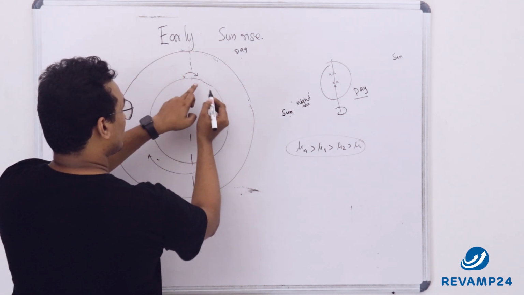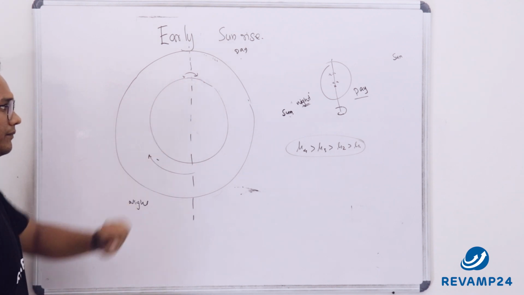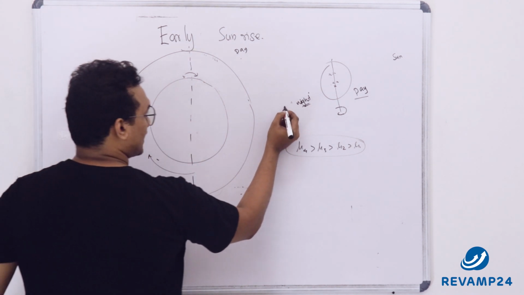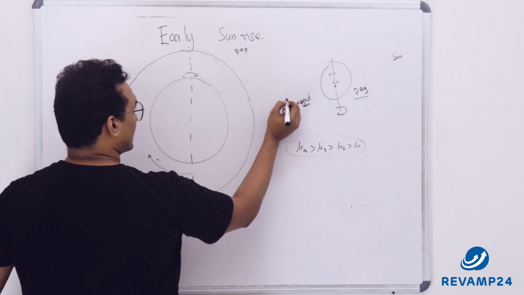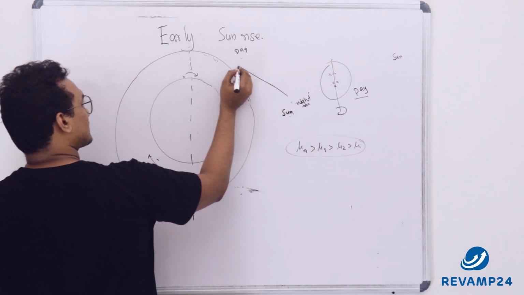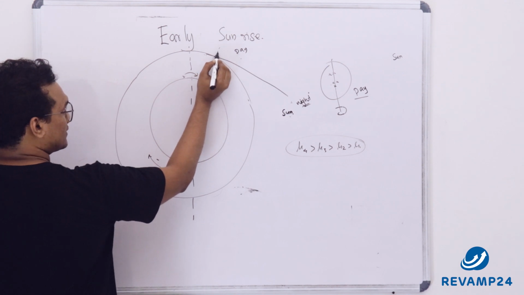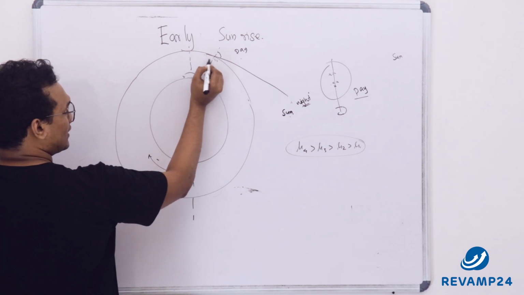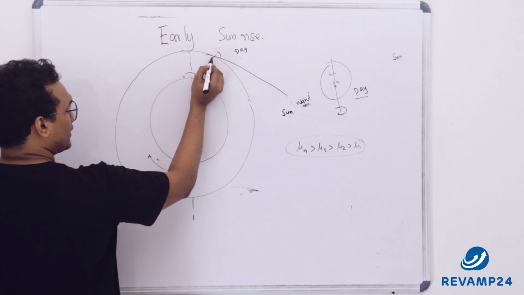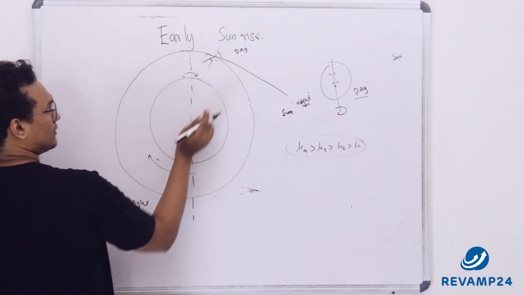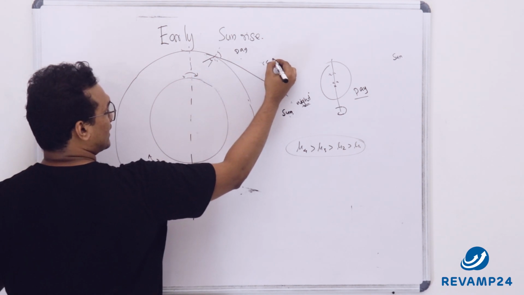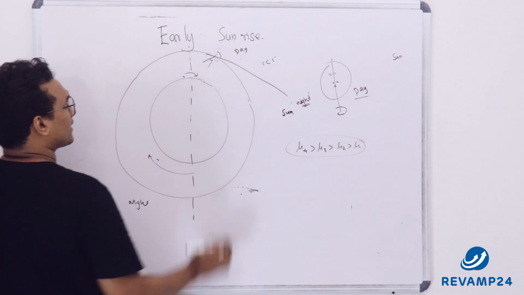But now light rays from the sun are coming in this direction, and after reaching here, this is the normal, so this is the angle of incidence. This layer will bend the ray in this direction. See, r is less than i because this is denser and this is rarer.